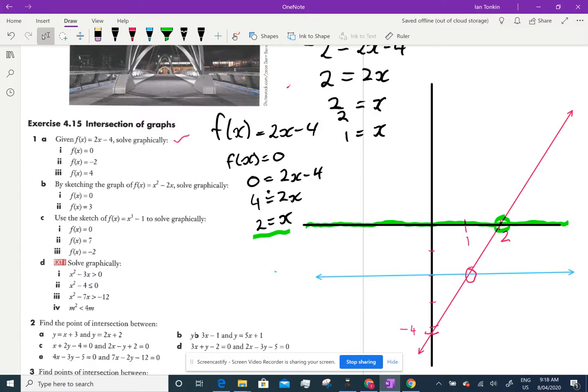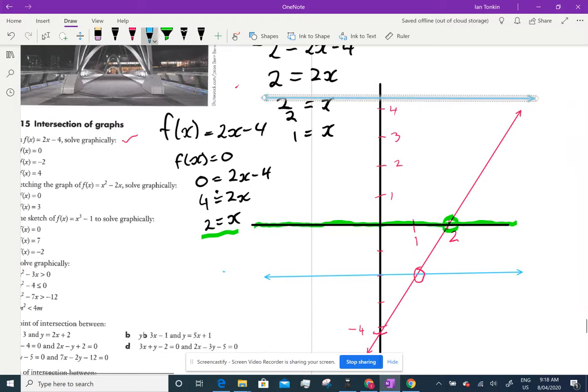What about f of x equals 4? Well, now that means I just have to draw the line y equals 4. So I'm going to go 1, 2, 3, 4. I'm going to have a bit of trouble here. And I draw this line. I'll move it down a bit. Can I move it down?